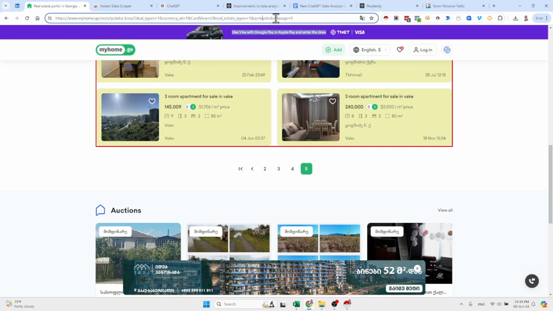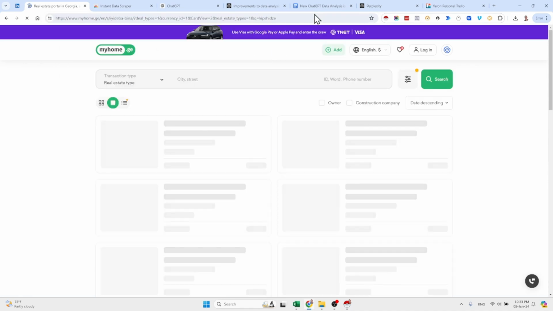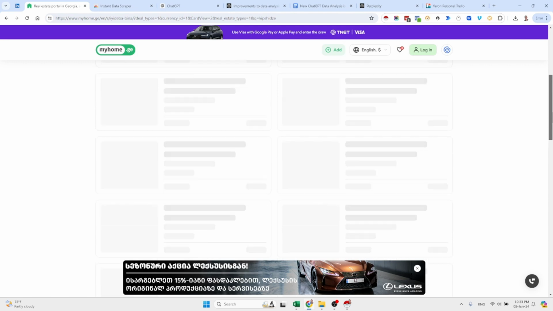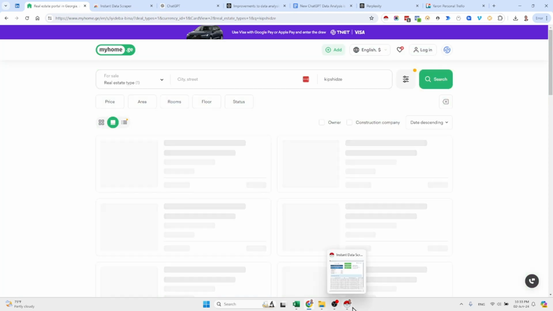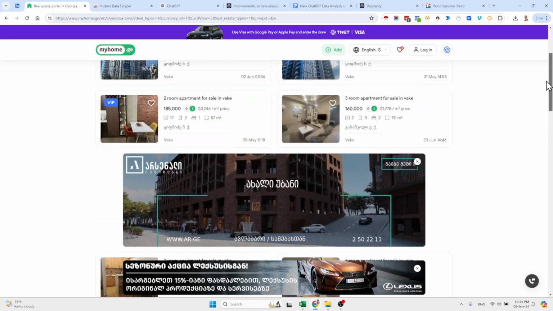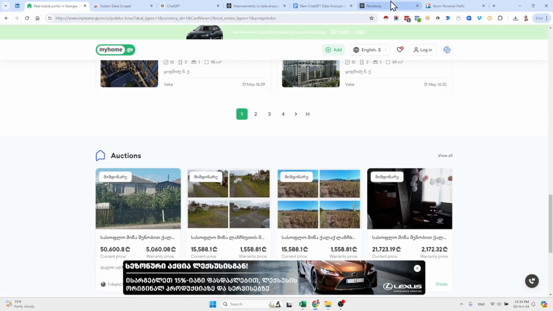All right, let's remove this. Okay, now we're supposed to be in page 1. Let's just make sure. Okay, we're in page 1.